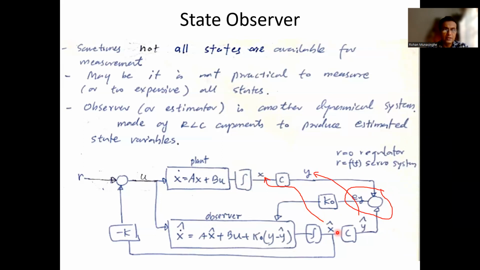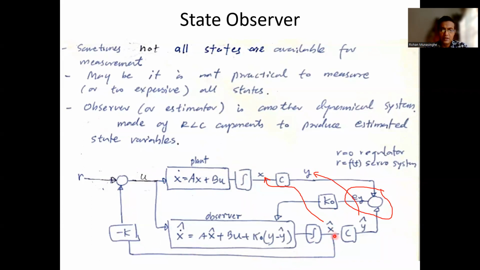And knowing that they are equal or very close to each other, you can use x hat for feedback. All the state variables are here, not only just one or two. These are the measured ones, but all of the state variables are estimated here. You can use that as feedback.